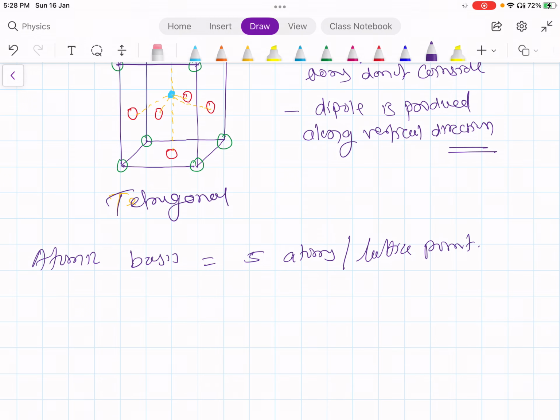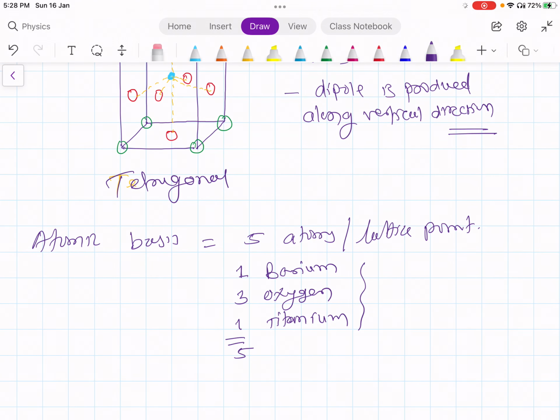And those 5 atoms are 1 barium, 3 oxygen, and 1 titanium. So total 5 atoms per lattice point.